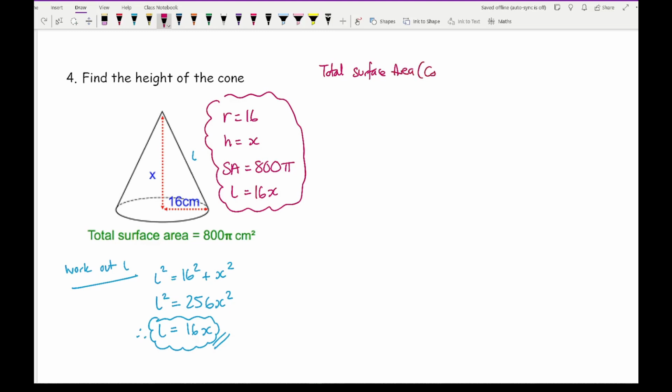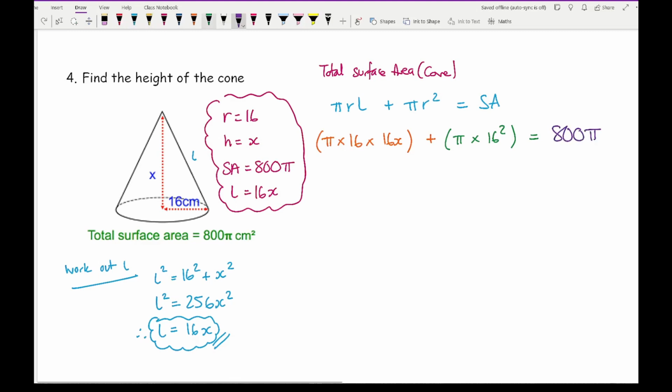Now if I refer to the total surface area of a cone, I'm going to write it in the reverse order: pi RL plus pi r squared equals SA. Substituting all the variables in, I'll put in brackets: pi times r, which is 16, times L, which is 16 plus x, plus pi r squared, so pi times 16 squared, and that all equals 800 pi.